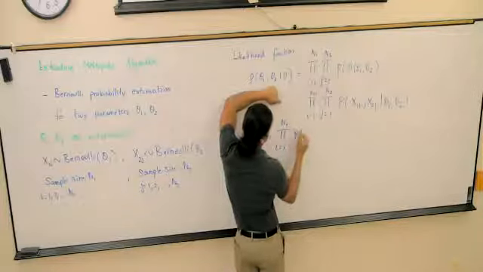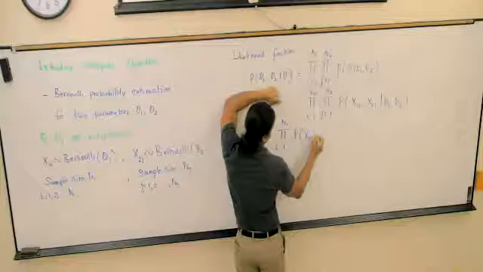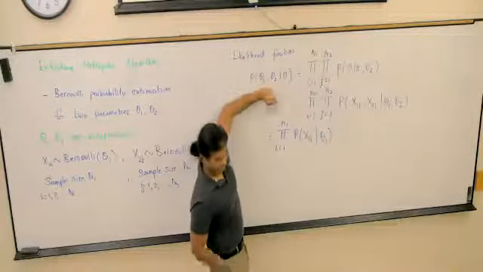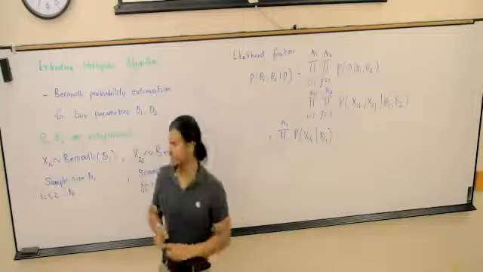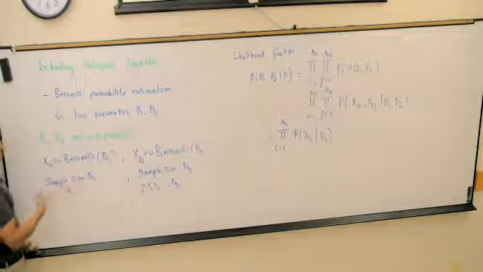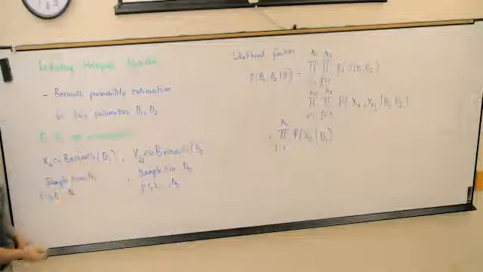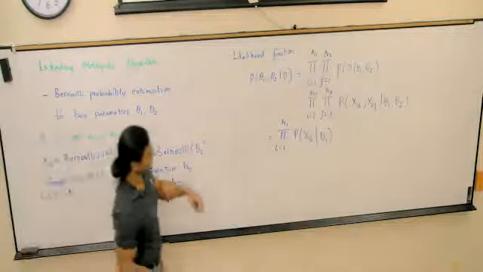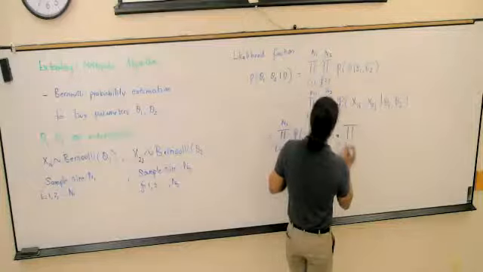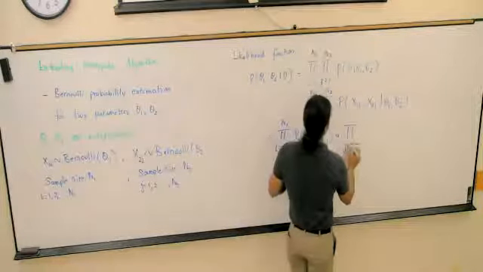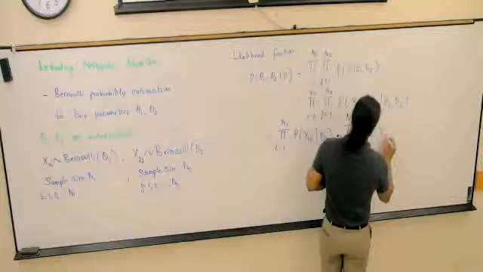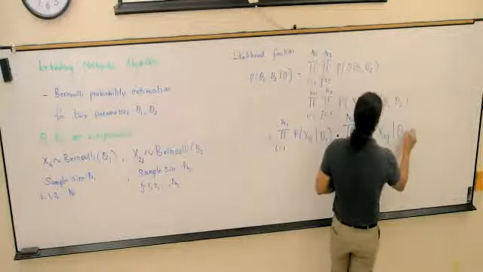I can write the product of x1i given theta 1, because x1i are simulated or sampled from a Bernoulli with parameter theta 1, multiplied by the product over j of x2j given theta 2.